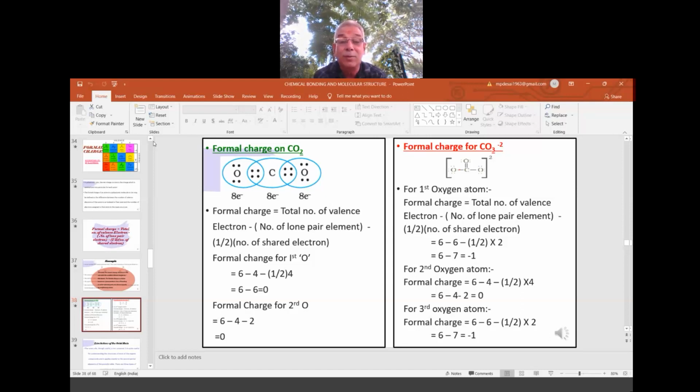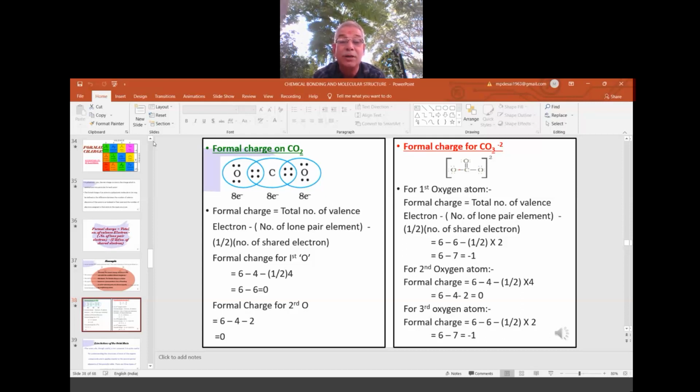Now, formal charge for this carbon dioxide is equal to the total number of valence electrons, so how many valence electrons with the O? 6, minus the number of lone pairs. We have 2 lone pairs, one above, one below the oxygen, so the total number of lone electrons is 4. So it is 6 minus 4, then minus half the bond pair.